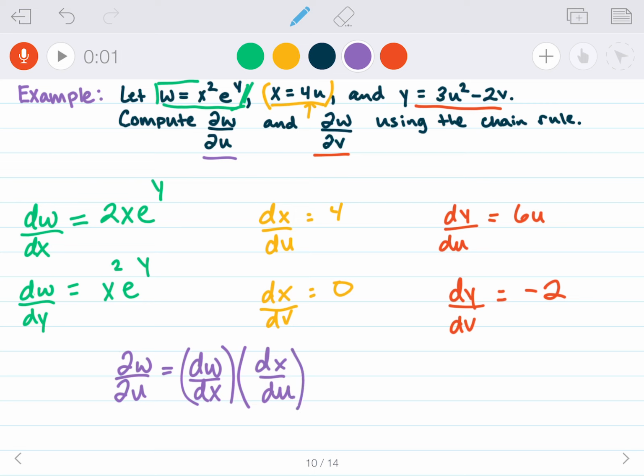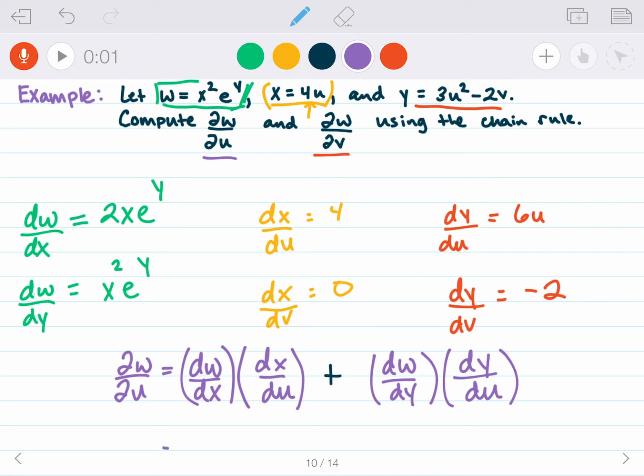The reason I'm using the notation like this is that you can think of it as canceling to get the intuition that this is the partial derivative of w with respect to u. Plus, now the y's. Now we have dw dy, and then the y that involves u, so dy du.